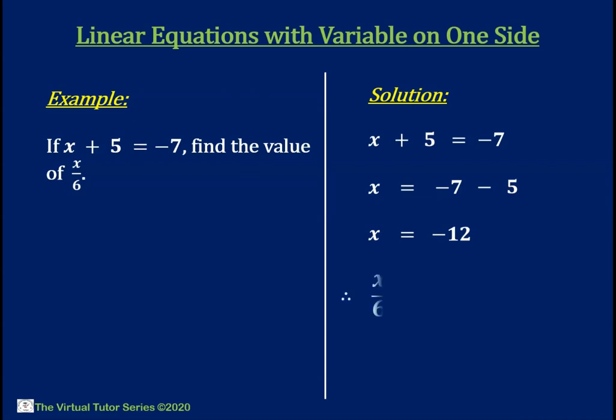Therefore, we have x over 6 to be equal to -12 over 6. -12 divided by 6 is -2. Hence, the value of x over 6 is -2.